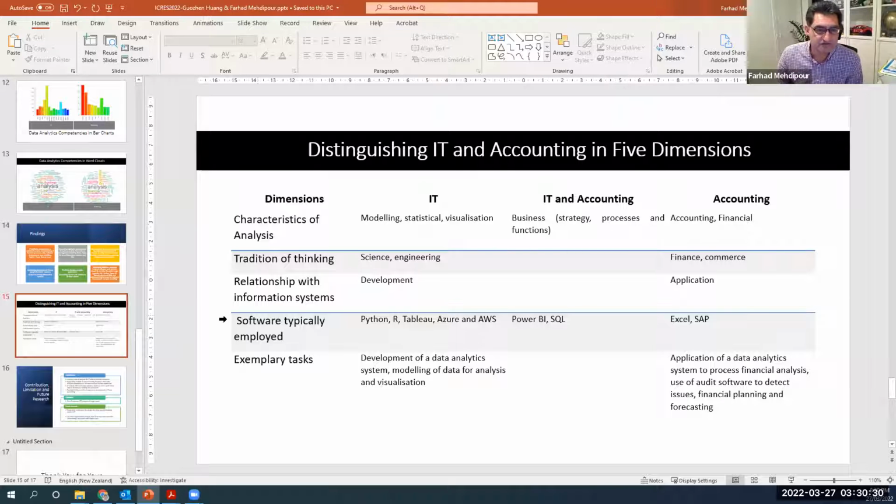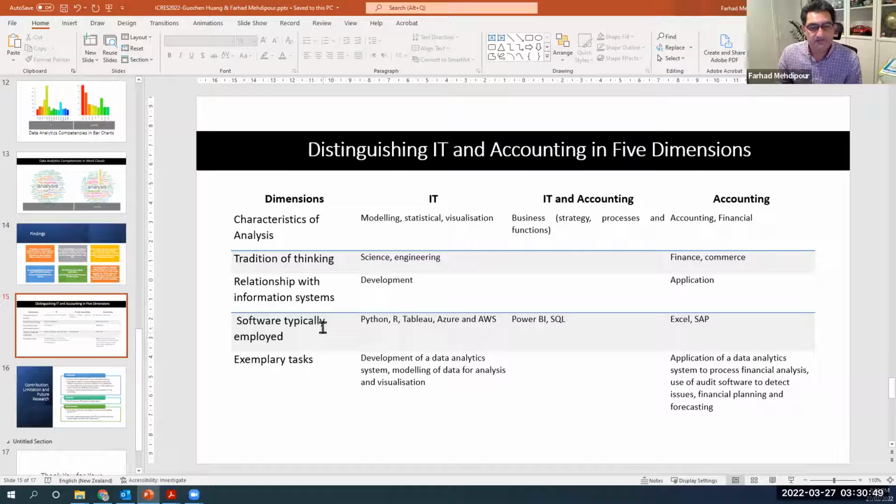strategy, processes, and functions. With respect to the tradition of thinking, IT focuses on science and engineering, and accounting focuses on finance and commerce. Regarding the relationship with information systems, IT focuses on the development of information systems, but accounting focuses on applications of information systems.